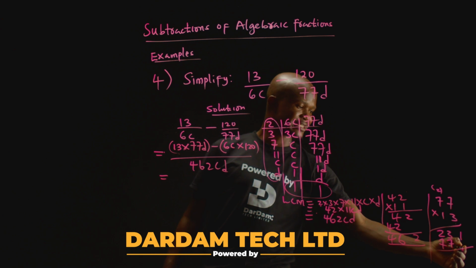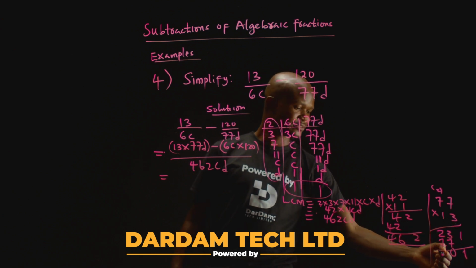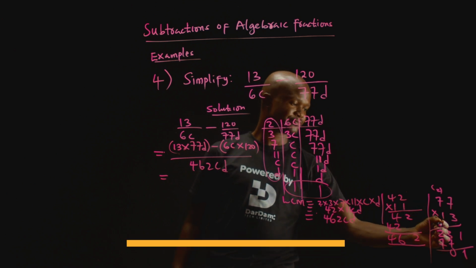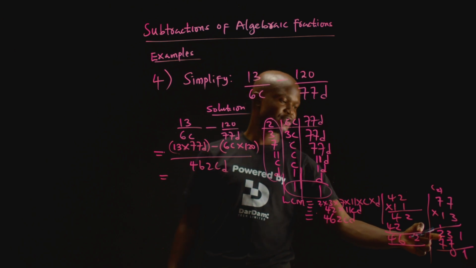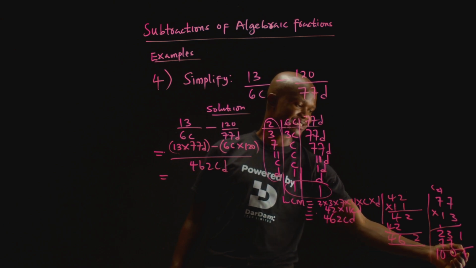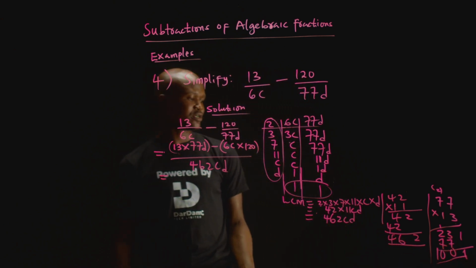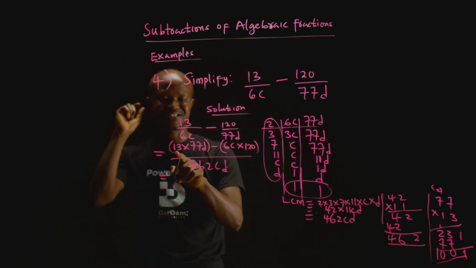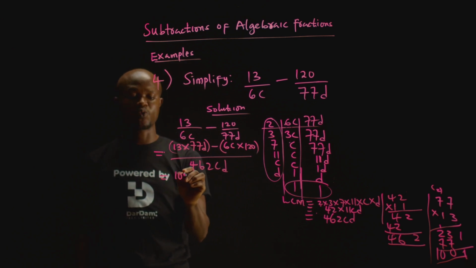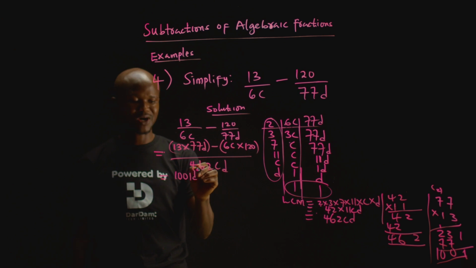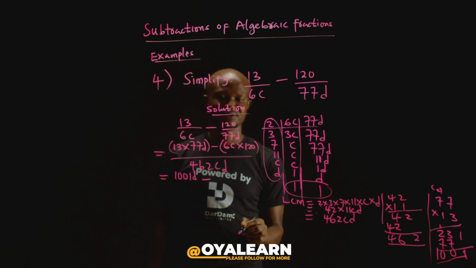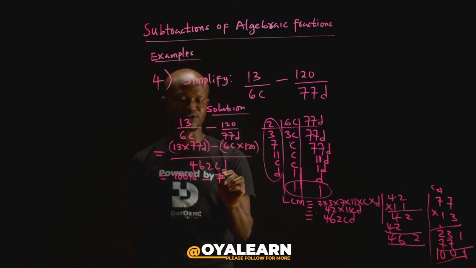So adding, we have 10 here. We carry 1. So 1 plus 2, we have 3. 3 plus 7, we have 10. So it means that the product of 13 and 77 is 1001. So we have 1001D minus 6 times 12, which is 72. So that's 720C.